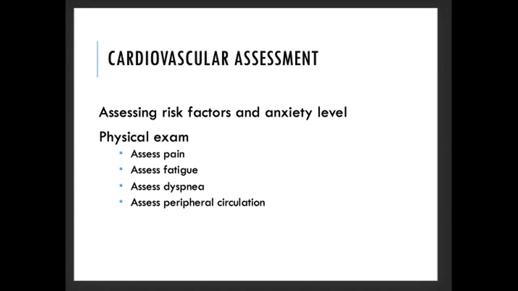Another thing that we might want to assess when we're looking at arterial is how's our hair distribution, right? Because if we start to have that shiny skin and that lack of hair, that could definitely be something related to a peripheral circulation issue, especially looking at the arterial side of things.